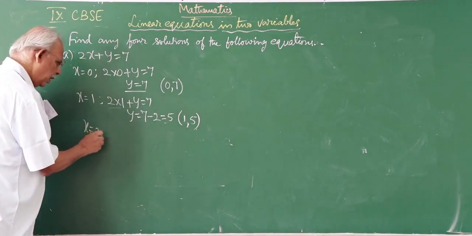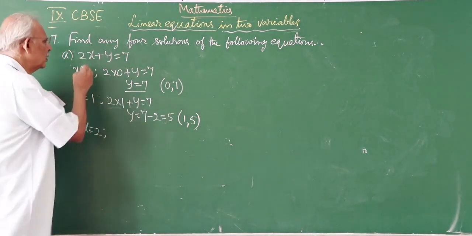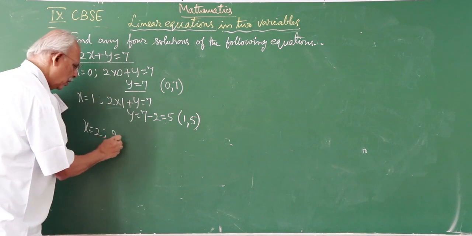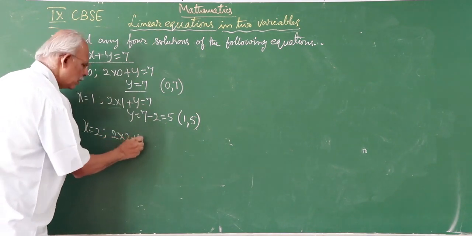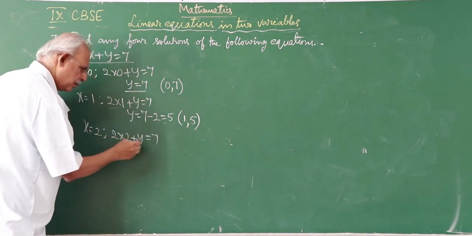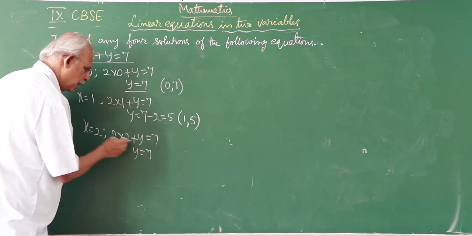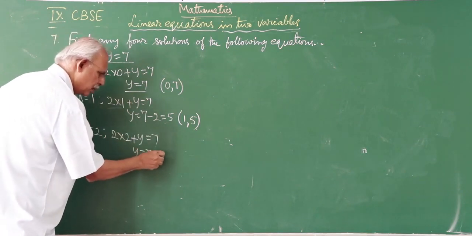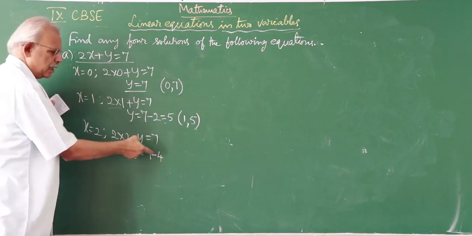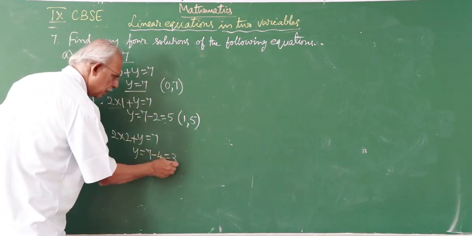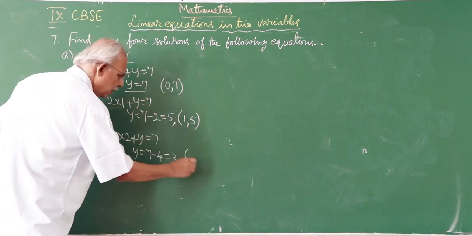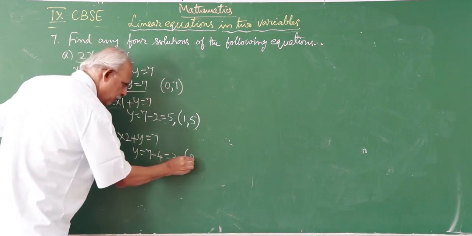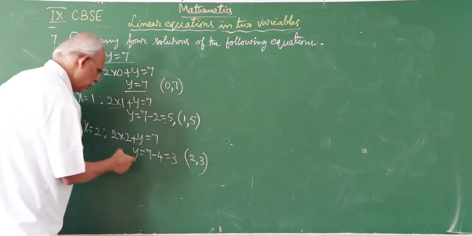Next, take x equals 2. So again substitute. 2 into 2 plus y equals 7. 2 twos are 4. Shift it to the right hand side. 7 minus 4, that is 3. So here, when x is equal to 2, y is equal to 3.